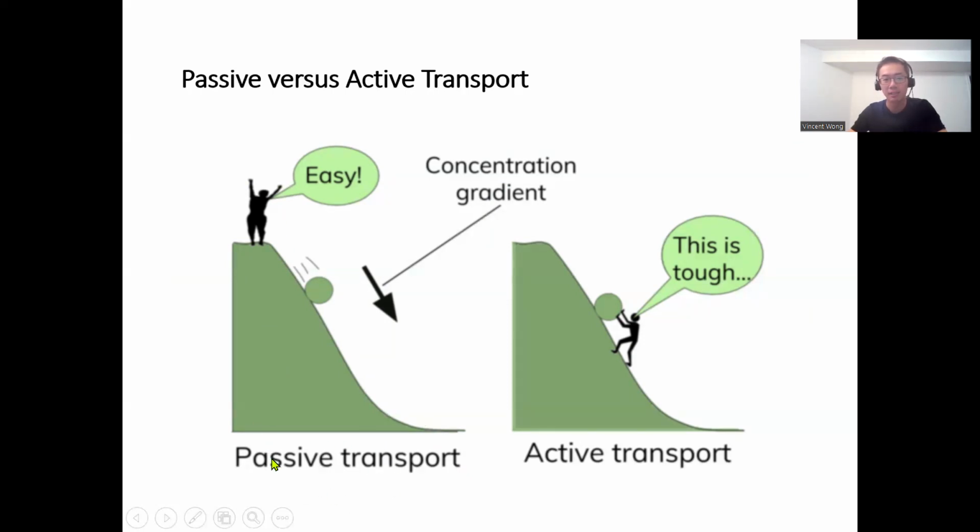That's passive. On the other hand, if you want to roll the ball back up, it's going to require energy. It's going from an area that's low to an area that's high, against the concentration gradient. That's why it's tough. That's why you need to supply ATP to do so. So two types. Depends on whether you need energy or not. Depends on whether you're going from high to low or low to high.